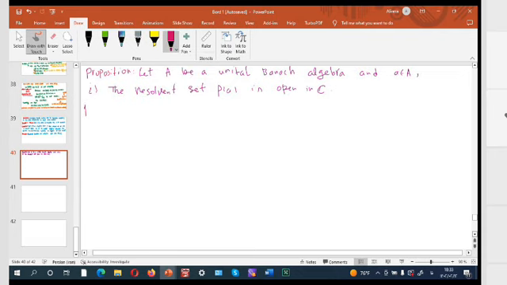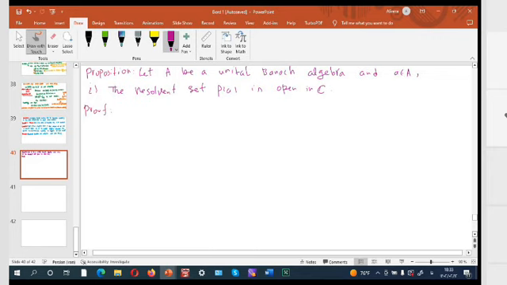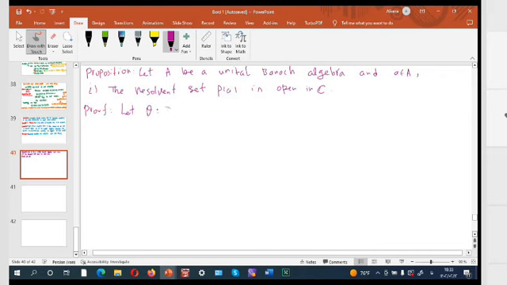Proof. Let theta from C to A be defined by theta of Z equal to Z e minus A, okay, Z belongs to the complex numbers.